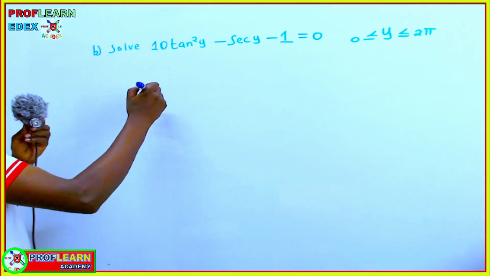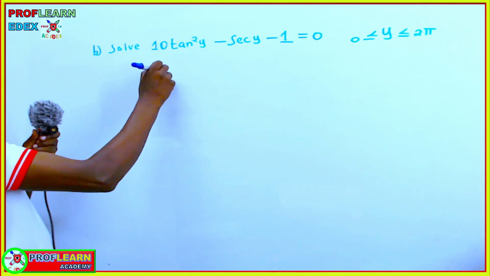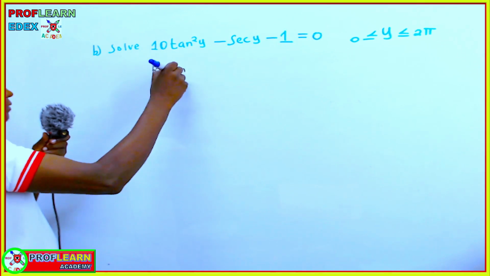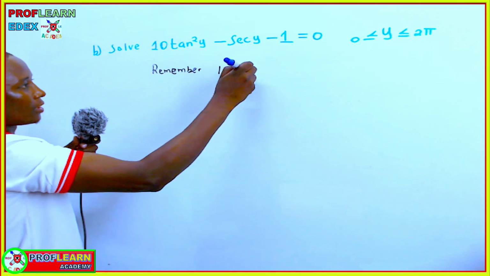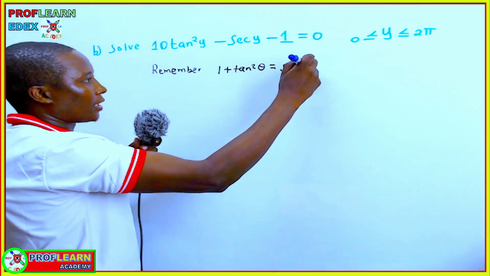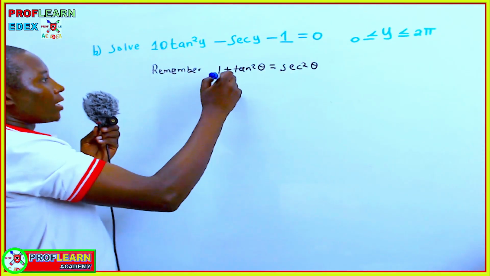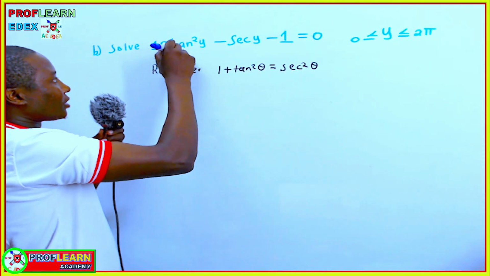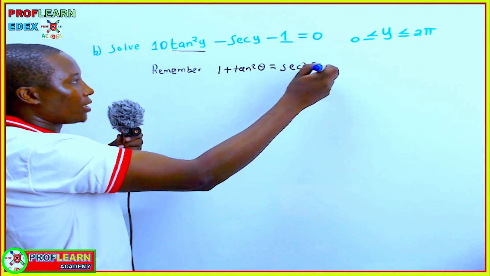Now, in this question, what we need to remember at this point is that 1 plus tan squared theta is equal to sec squared theta. You need to remember that, so that whenever we have tan squared theta, we can replace it with sec squared theta minus 1.